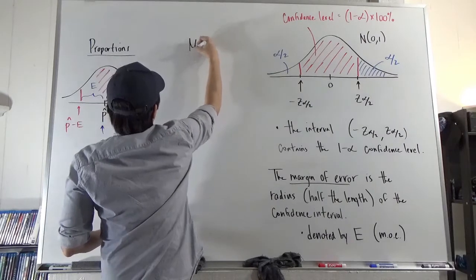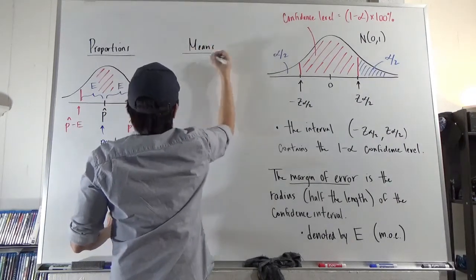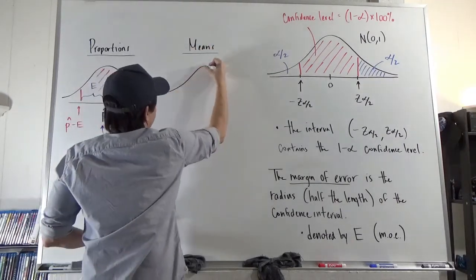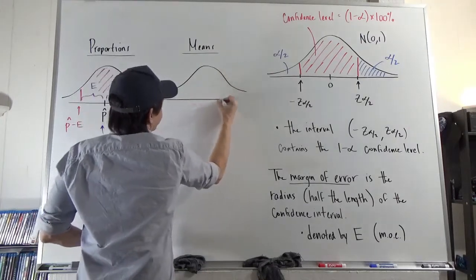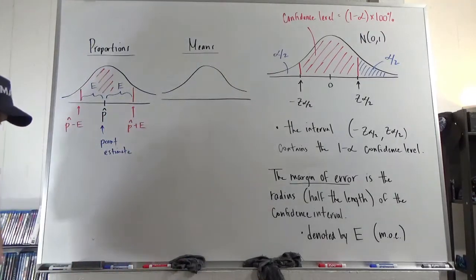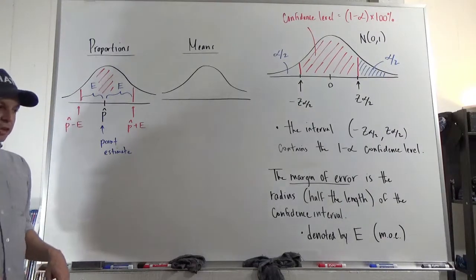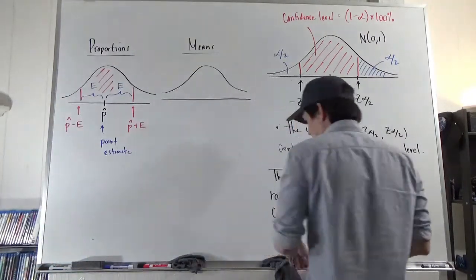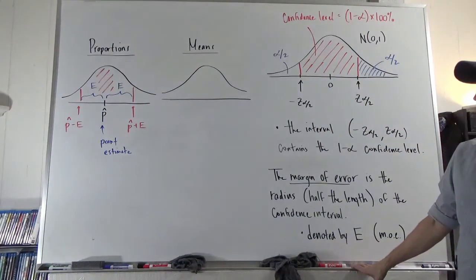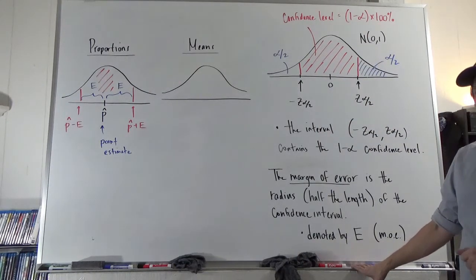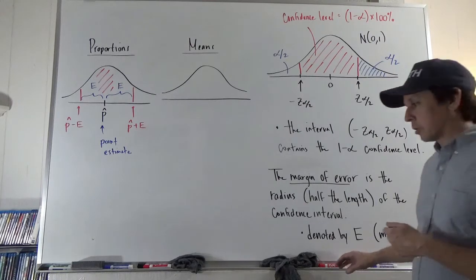For means, can I fit this here? I'm sure going to try. For means, you want to estimate the population mean, the average height of all adults, humans, or all adult Americans, and it's impractical to get that information, so you generally will take a sample and use that as an estimate.